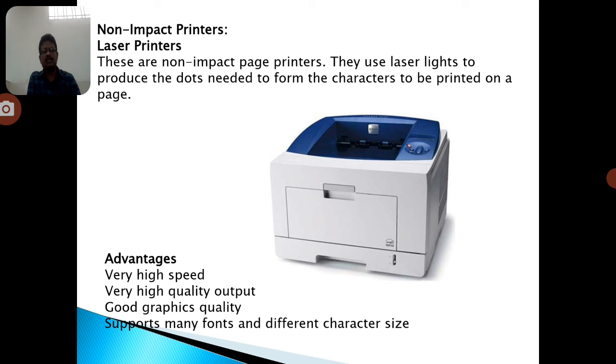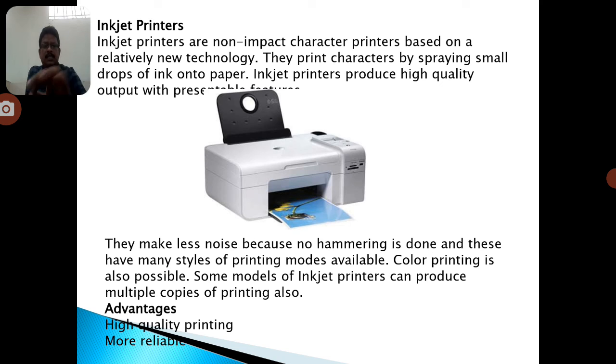And coming to the inkjet printer, the second type of non-impact printer. You can observe that inkjet printers are non-impact character printers based on relatively new technology.